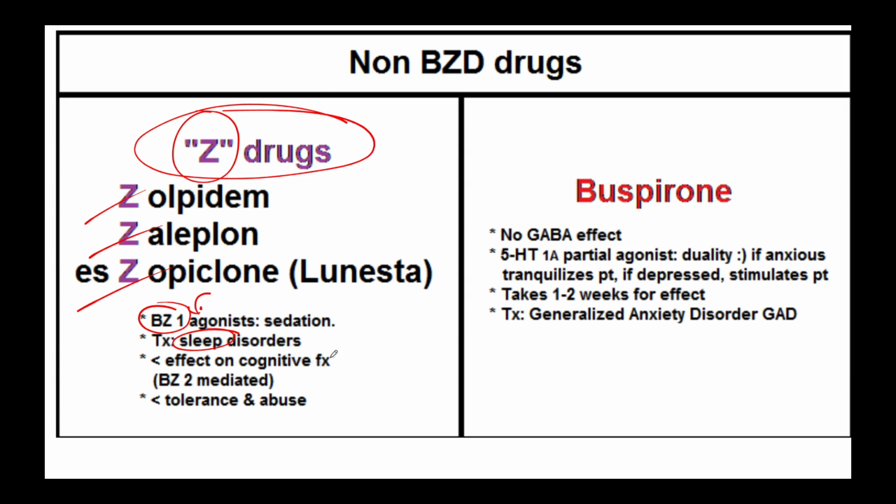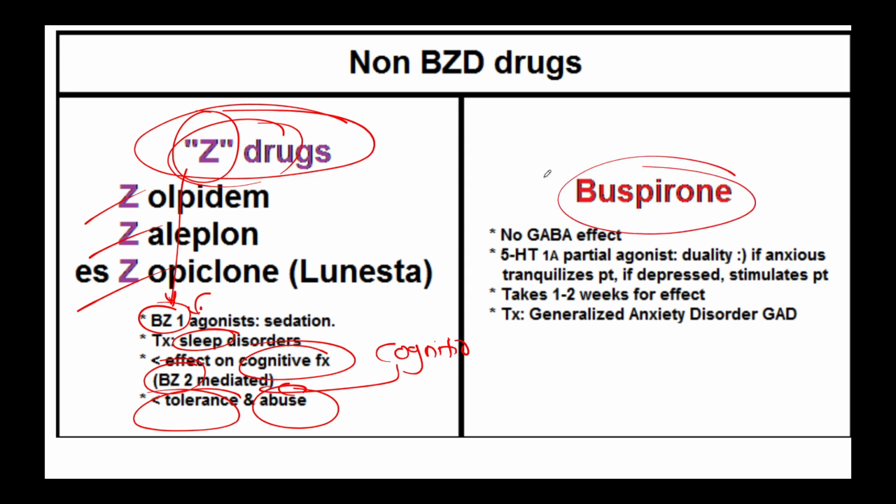They have less effect on cognitive function because cognition, that is learning ability, is all controlled by the benzodiazepine 2 receptor. Because Z drugs are acting on the benzodiazepine 1 receptor, typically they don't affect the cognition. And they have less tolerance, less abuse liability.